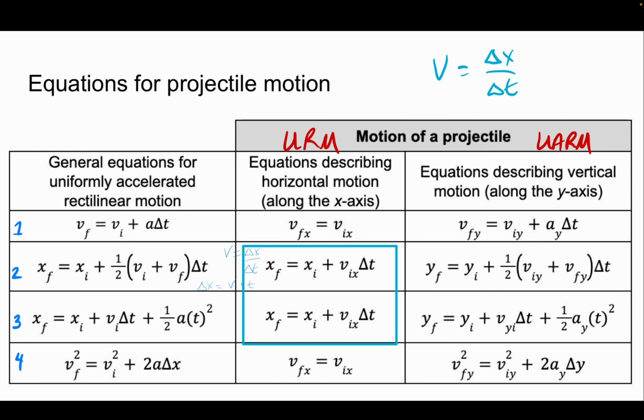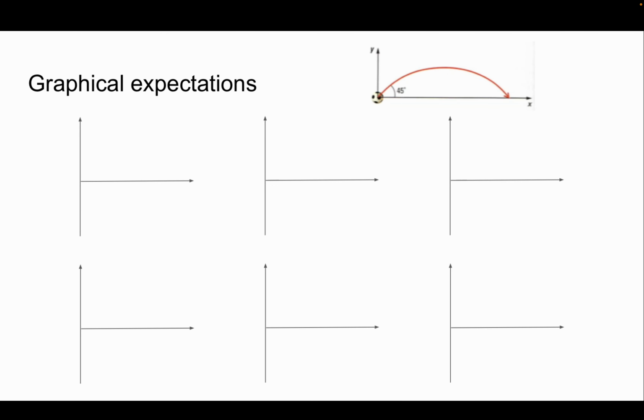Okay? You know that your UARM equations in the Y, so these guys way over here, these guys aren't changing. These are the same things that we learned about in the last unit.